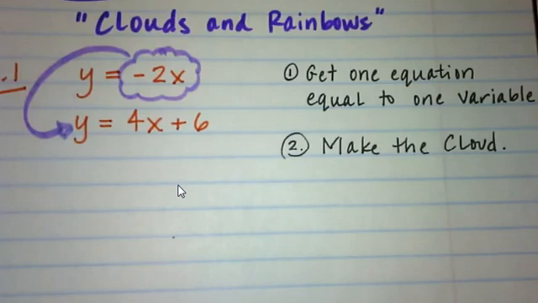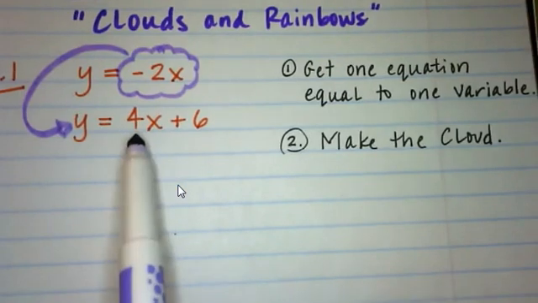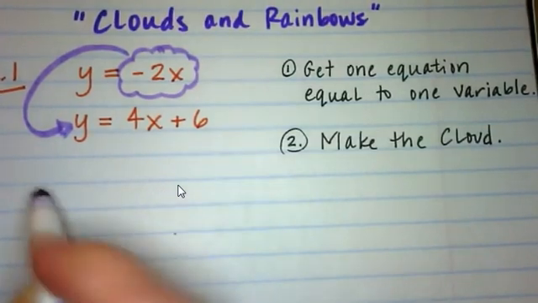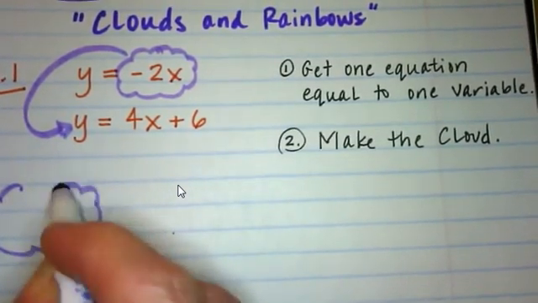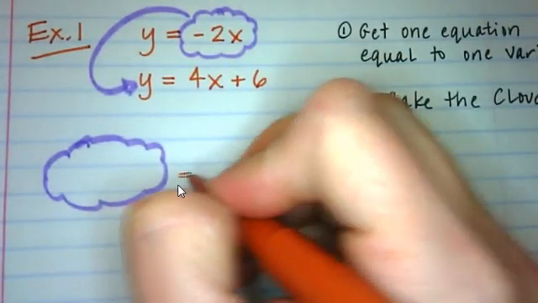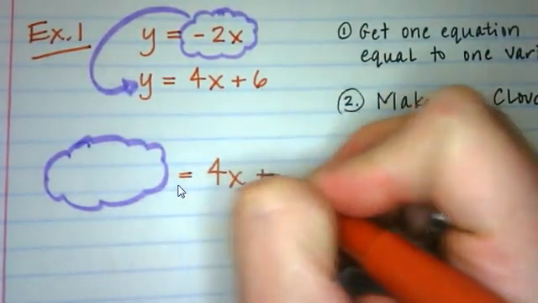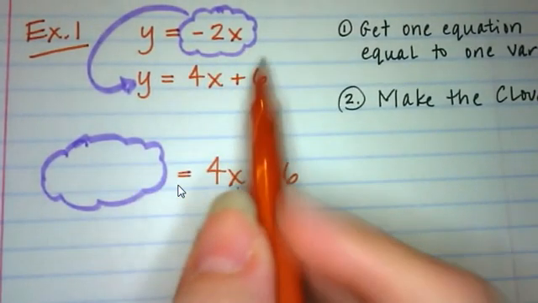So now, instead of having y equals 4x plus 6, I'm going to have cloud equals 4x plus 6. And what's in my cloud is negative 2x.